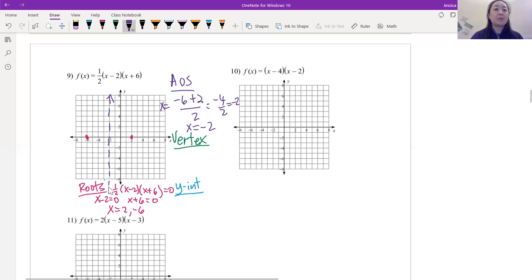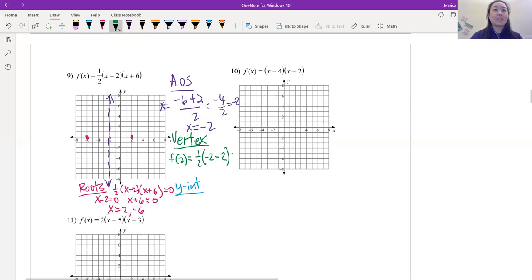So now we know that the vertex is somewhere on this purple line. We're going to plug in negative 2 for x. So f of negative 2 is equal to, don't forget the 1/2 on the outside, that is important. Then we got 2 minus 2. Oh, wait, it's not 2, it's negative.